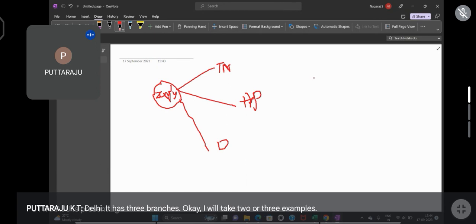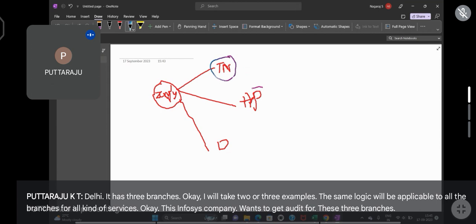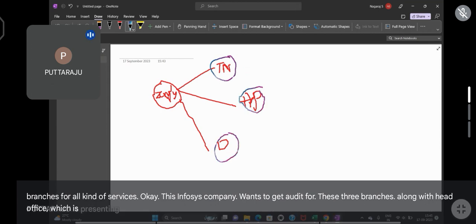The same logic will be applicable to all the branches for all kinds of services. This Infosys company wants to get audit for these three branches along with head office, which is in Karnataka.